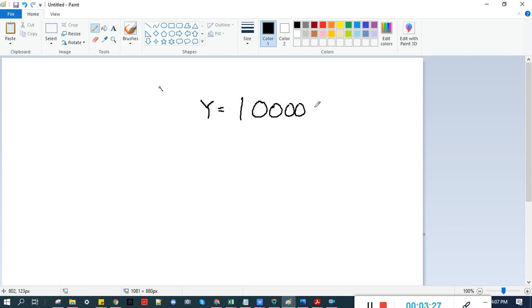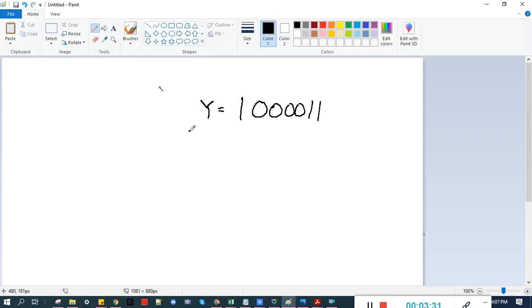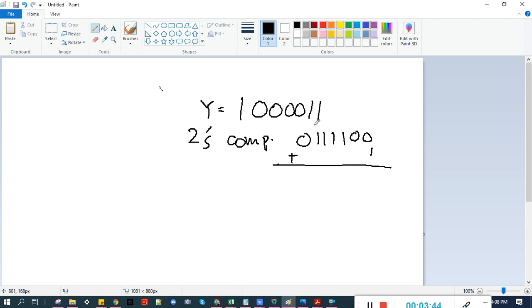The 2's complement of this: we need to invert every bit, and then add 1. That is the 2's complement of y. So we add 1, 0 plus 1 is 1, and then copy the rest of the bits. So this is the 2's complement of y.